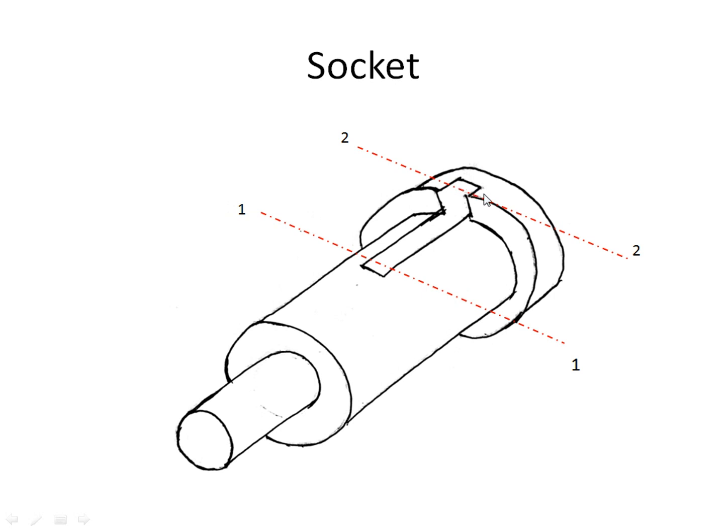The crushing stress is induced at the slot provided on the collar of socket. The area under crushing stress is thickness of slot or thickness of cotter and the portion of length of cotter in contact with socket collar, which is the outer diameter of socket collar, that is d4, minus inner diameter of socket, that is d2.